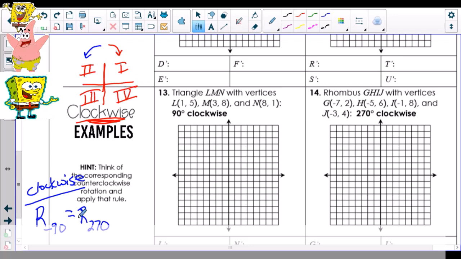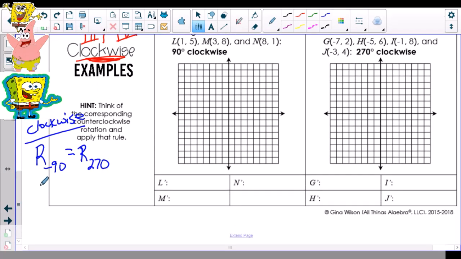So either way I do this, I would end up in quadrant 4. If I go negative 90, which is clockwise 90, or if I go counterclockwise 270, I would always end up over there. Now, what if I did a rotation of negative 270? Well, that's going to use the same rule as a rotation of positive 90.